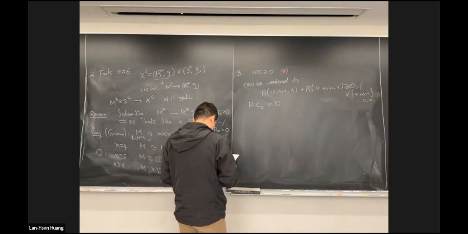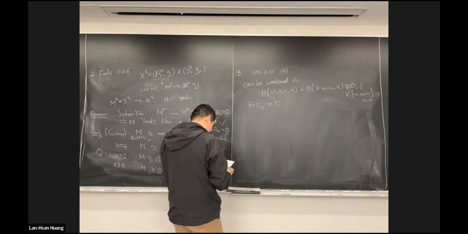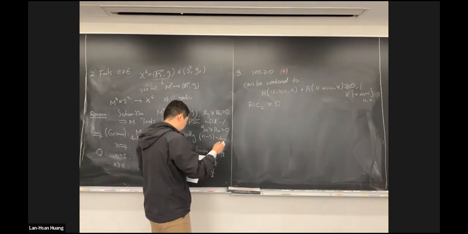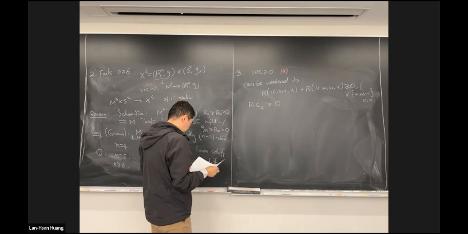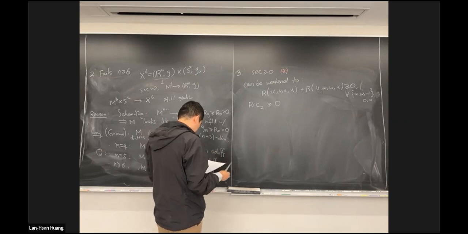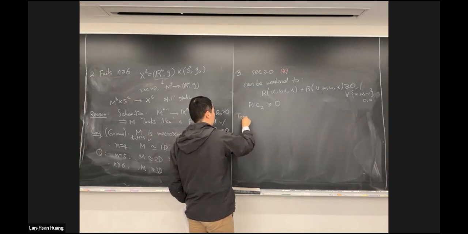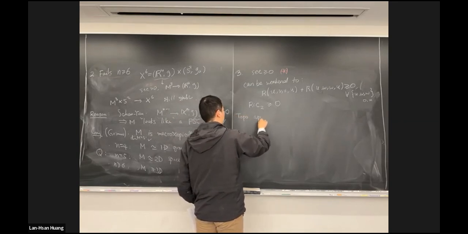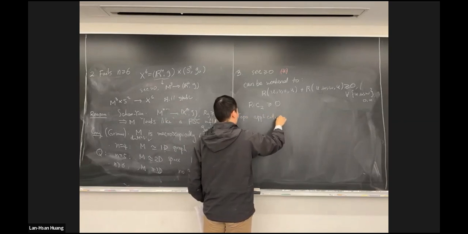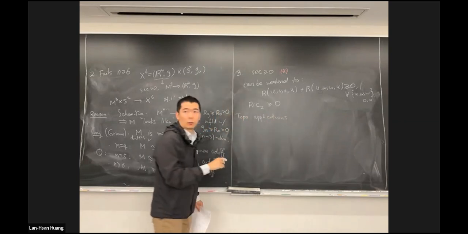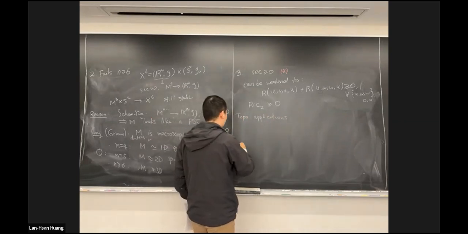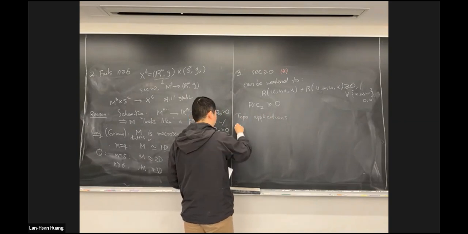Since we don't know a lot about such manifolds before, let me write some topological applications, directly analogous to what Shen and Yau did in their 82 paper. So the theorem is the following.